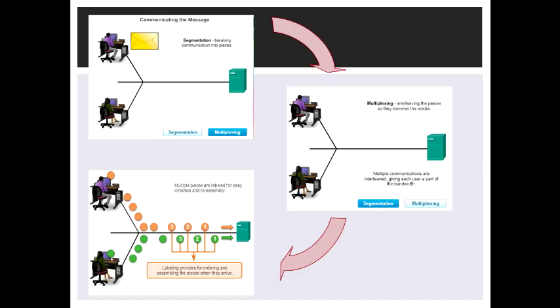If a particular path becomes congested with data traffic or fails, individual pieces of the message can still be directed to the destination using alternate pathways. If part of the message fails to make it to the destination, only the missing part needs to be transmitted.